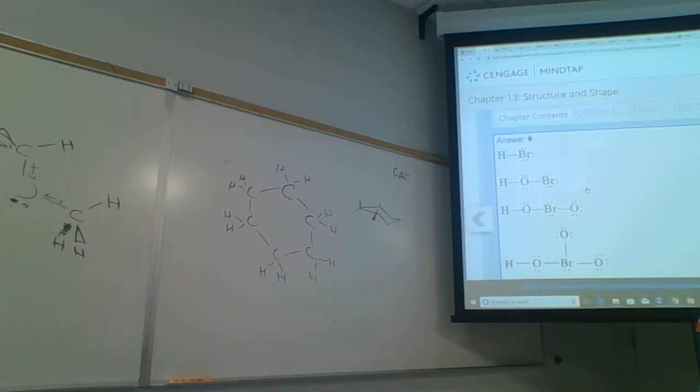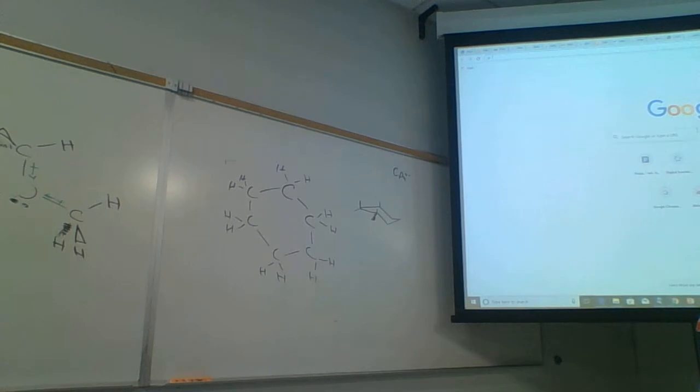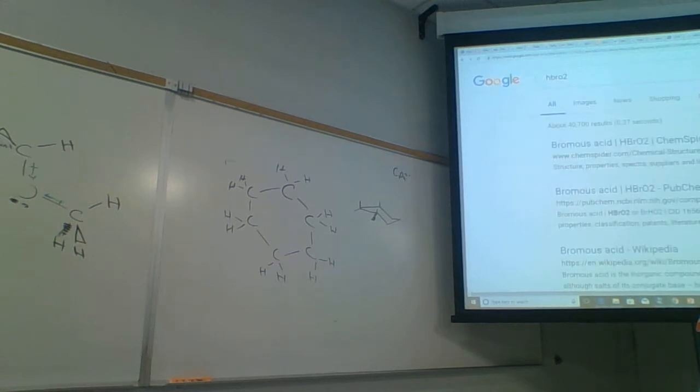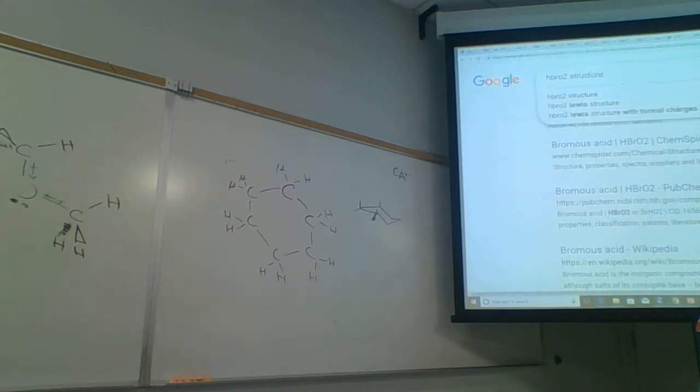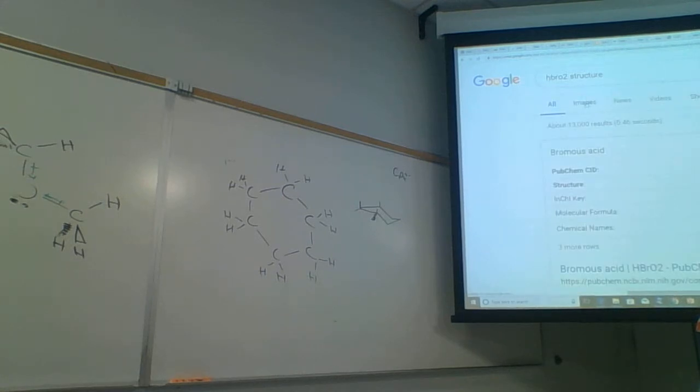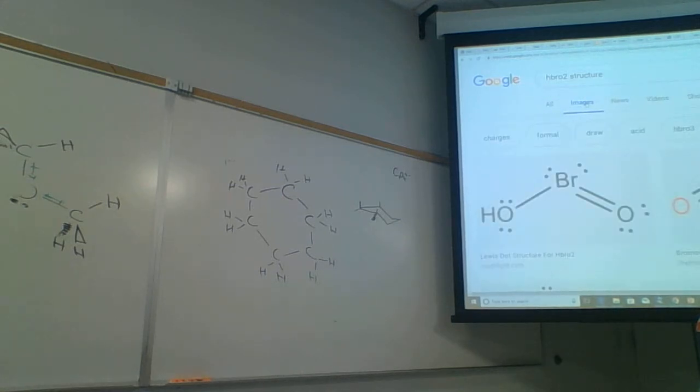If they double bond that oxygen, then we end up with 0 formal charges, but then we have to expand the octet on bromine. HBrO2. So it results in something like this.